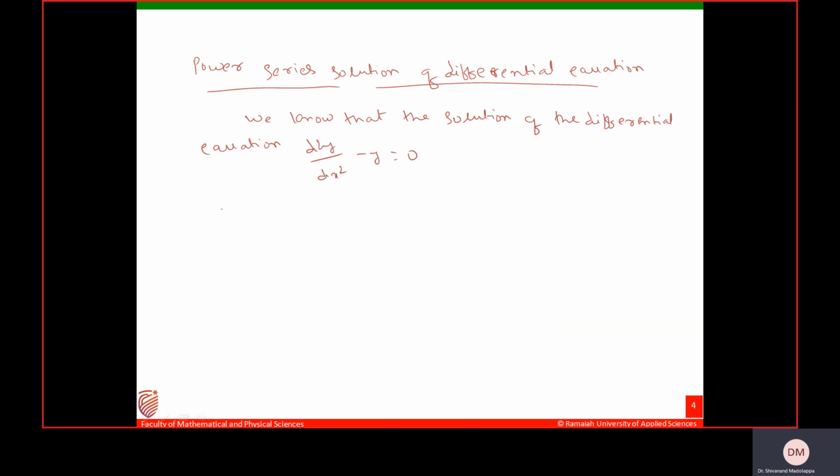The solution for this, let us assume y is equal to e to the power of x. We already know the formula for e to the power of x: 1 plus x divided by 1 factorial plus x square by 2 factorial plus x cube by 3 factorial plus and so on. Or we can take y is equal to e to the power of minus x.